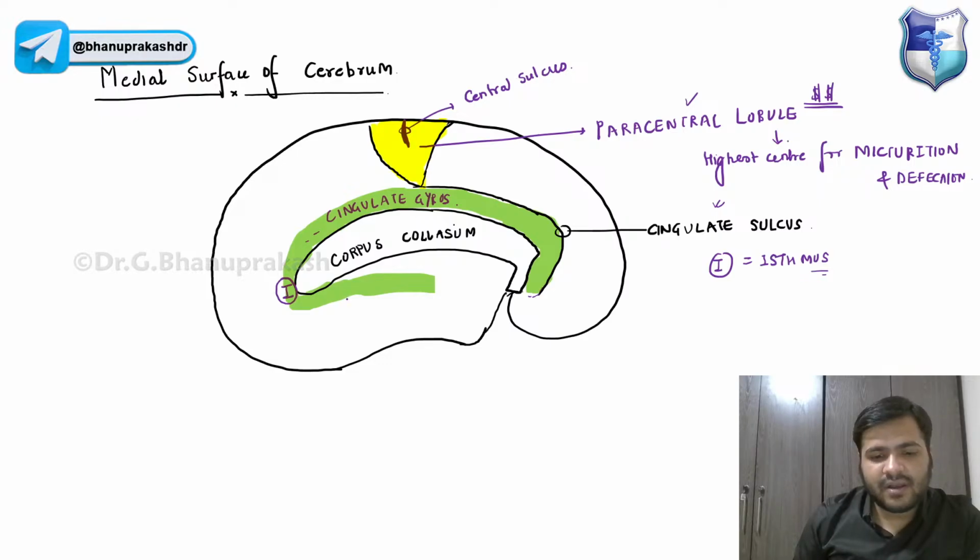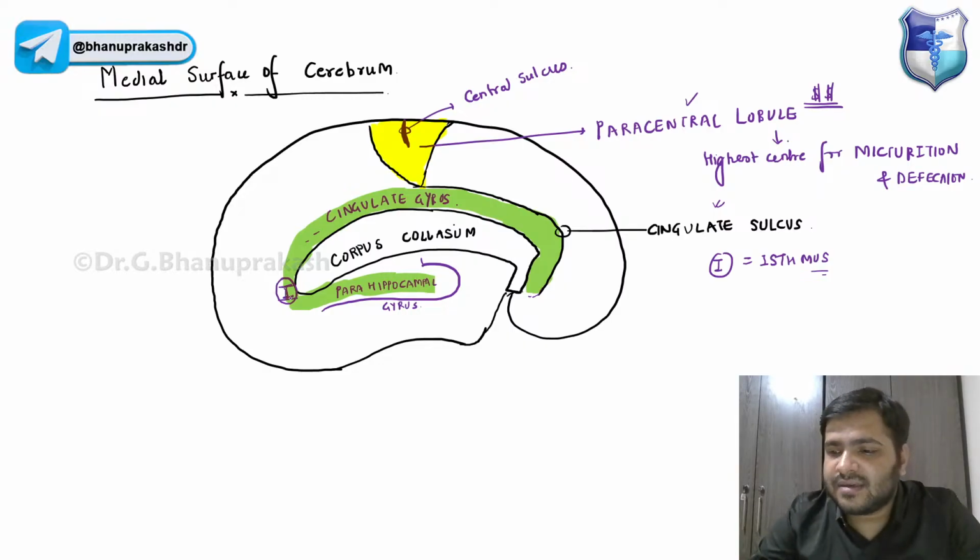Over here we have a gyrus again, and remember, this gyrus is called the parahippocampal gyrus. So the cingulate gyrus communicates to the parahippocampal gyrus via this projection. That is the isthmus, guys.